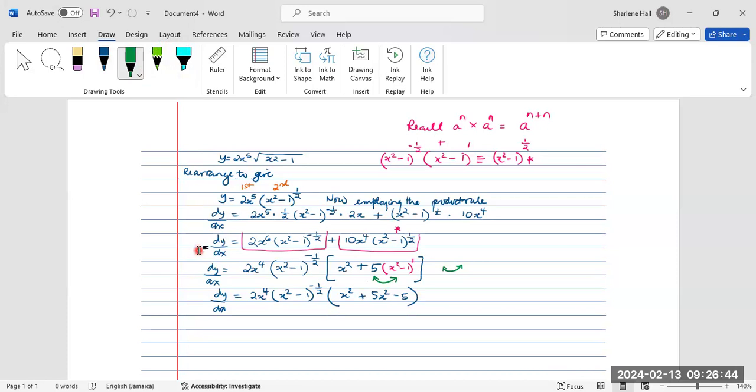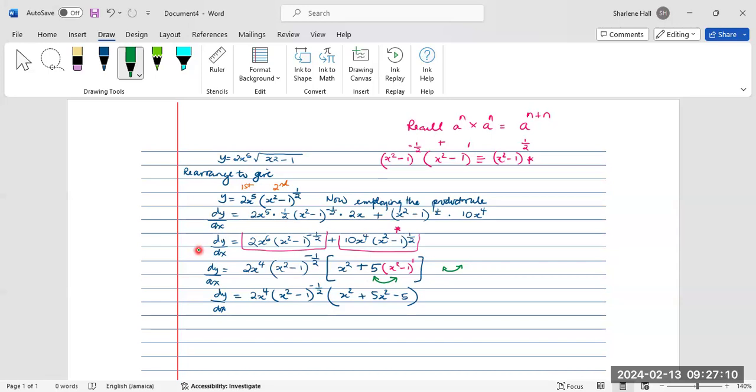Sir, because the power is 1 or less, you are allowed to do that. But if the power is greater than 1, you couldn't do it. No, but hold on. You said the power is 1 or less. No, not even less. Because I'm not allowed to multiply 10x to the fourth by x squared minus 1 to the half.